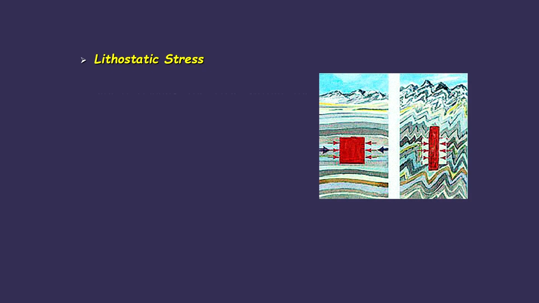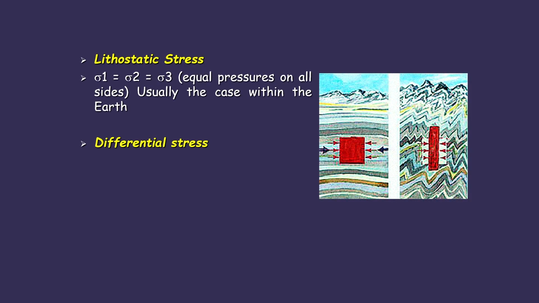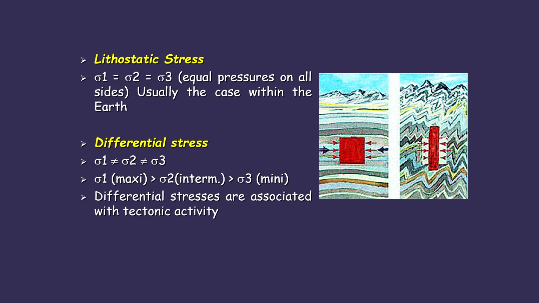If you have uniform deformation, then any material will deform uniformly. But if you have differential stress, where we take into consideration sigma 1, sigma 2, sigma 3, then we will have differential deformation. Mostly sigma 1 is maximum, sigma 2 intermediate and sigma 3 minimum, and that results in differential deformation.